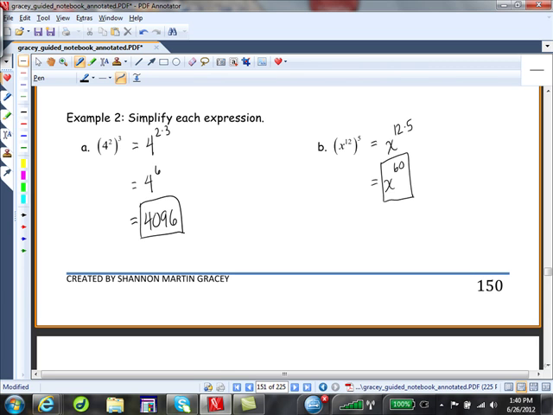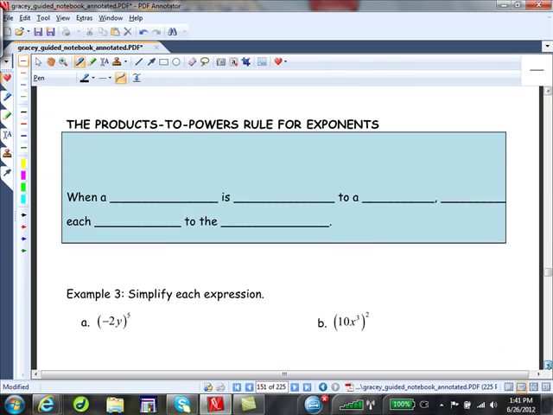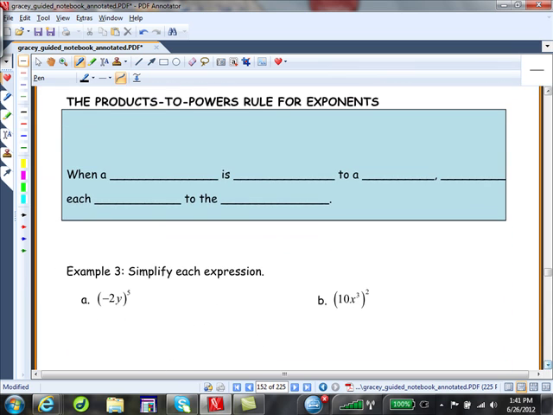Okay, next up, the products to powers rule. This is a situation when, suppose we have 2x, and it's going to be cubed. Well, we know that we could write this as 2x multiplied to itself 3 times. But we're looking for a shortcut rule. So what is this?